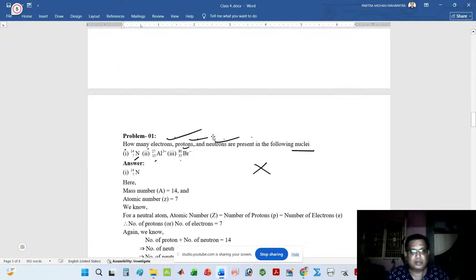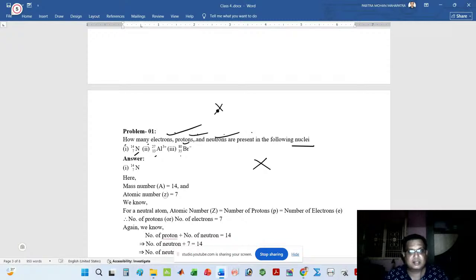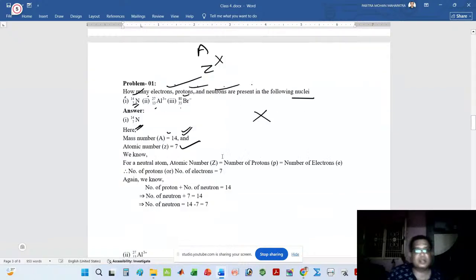So if you compare here, 14 is the A and 7 is the Z. So the mass number A is 14, and the atomic number Z is 7. From this representation, we can say that 7 represents the atomic number and 14 represents the mass number. Now our target is to find out the electrons.